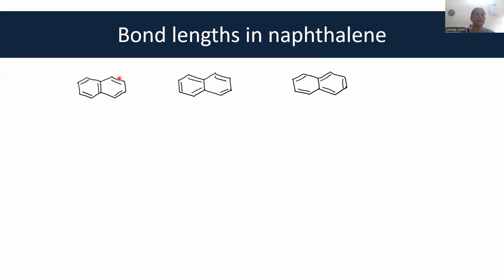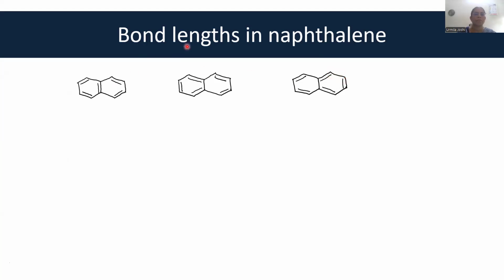I have written here the resonating structures of naphthalene. Now, when you look at the resonating structures of naphthalene, in 2 of the 3 resonating structures, this bond is a double bond, whereas in the third structure it is in single bond form.